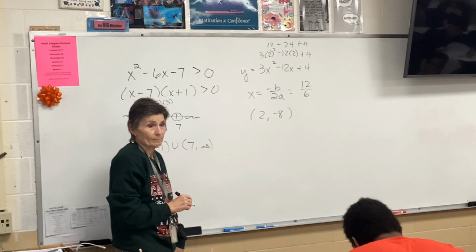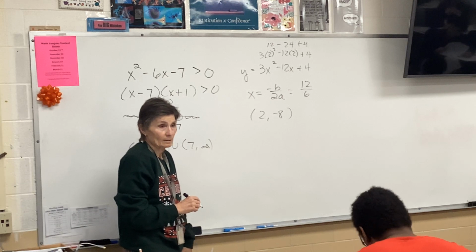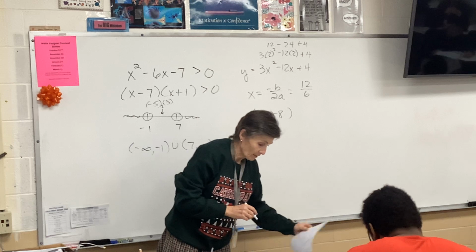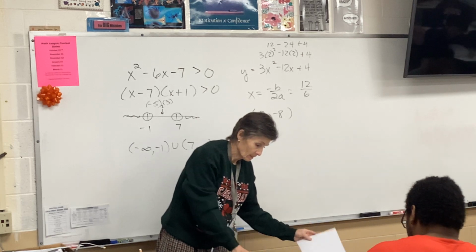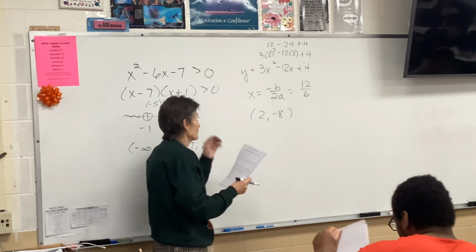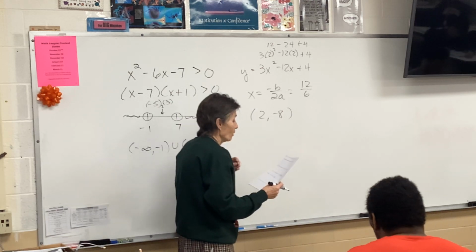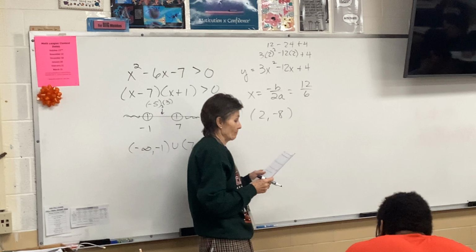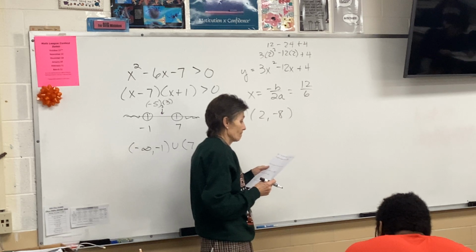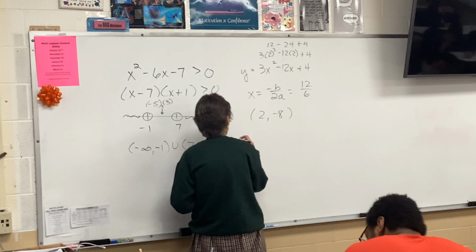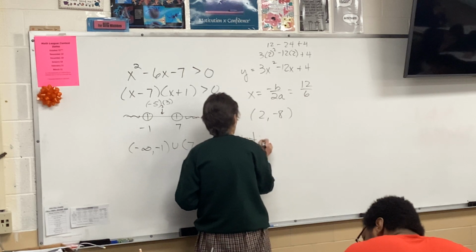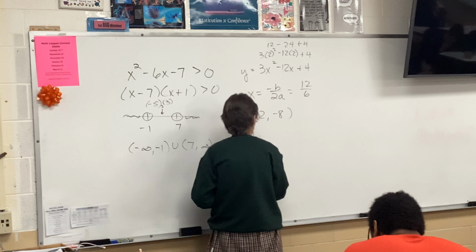All right, let's go back to page 1. Find all the asymptotes. Okay, so what kinds of asymptotes do we have? We have vertical and we have horizontal.